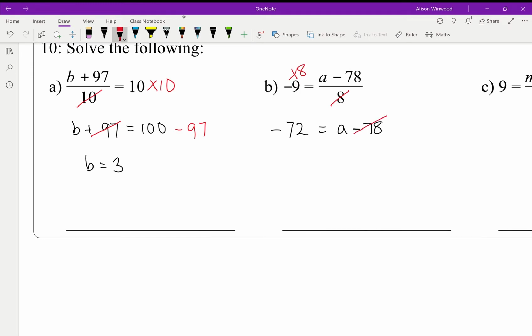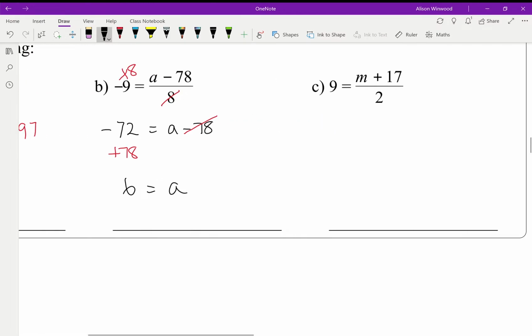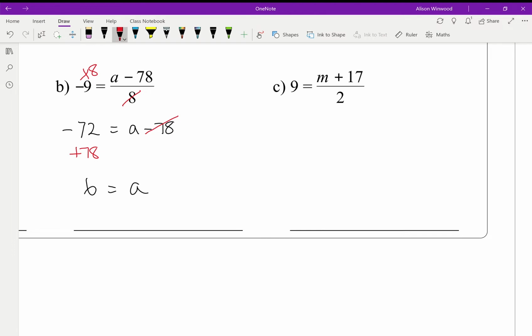Opposite of subtract is to add. So I get 6 equals A. Opposite of divide is multiply. 9 times 2 is 18. Opposite of add is subtract.